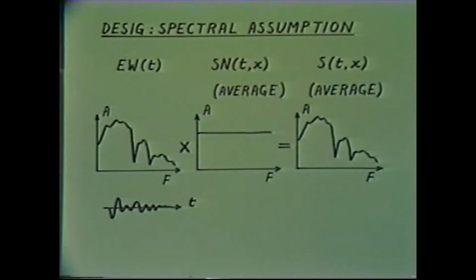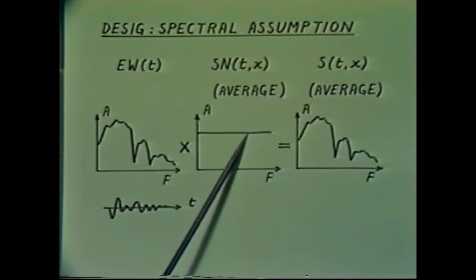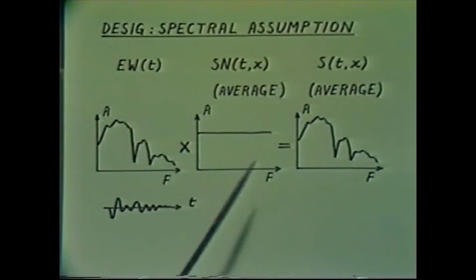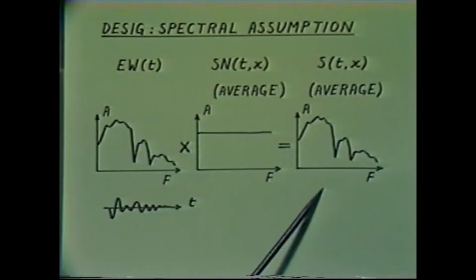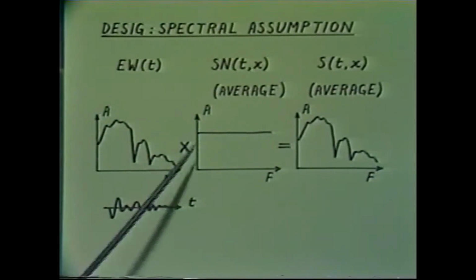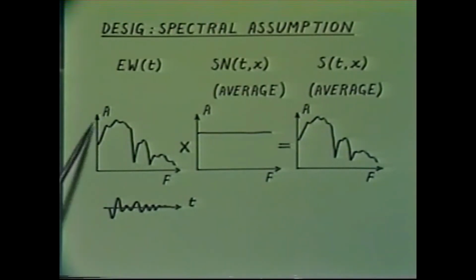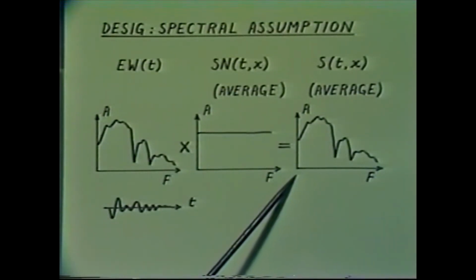Now the point about this is that if the spectrum of the record, the synthetic, is flat and smooth, then the amplitude spectrum of the field record must be identical to the amplitude spectrum of the wavelet because of the multiplication. So this says that we have a means of determining the amplitude spectrum of the effective wavelet. We simply have to measure the average amplitude spectrum of the input record.